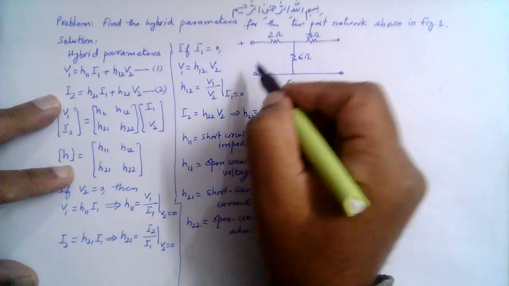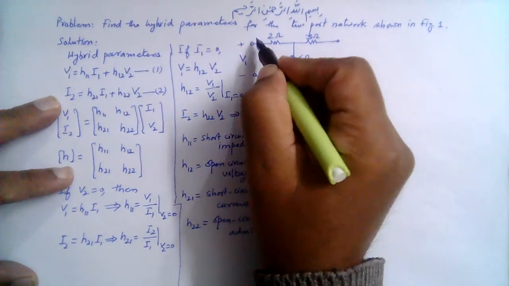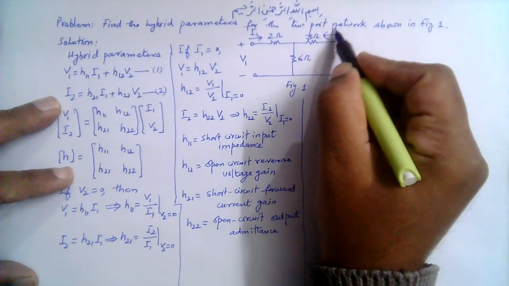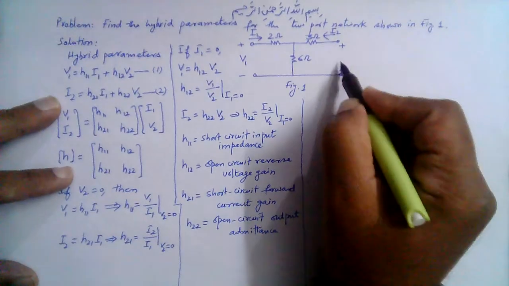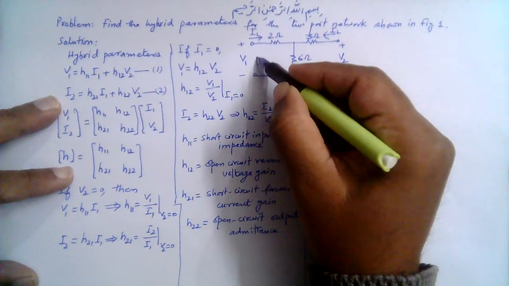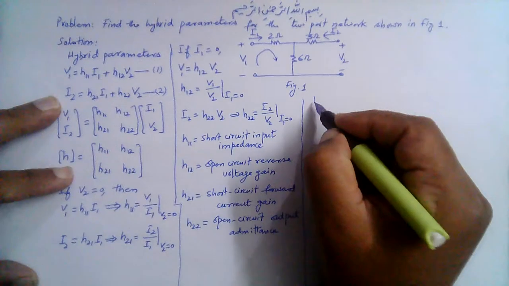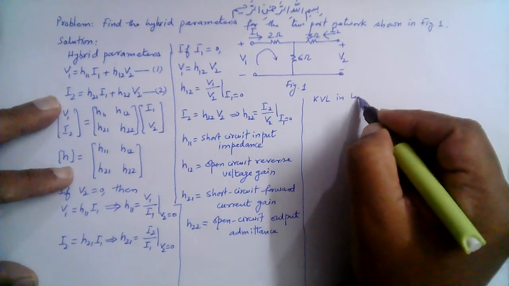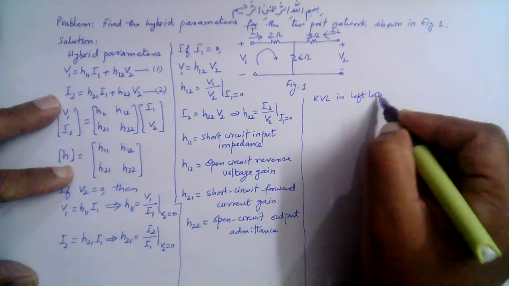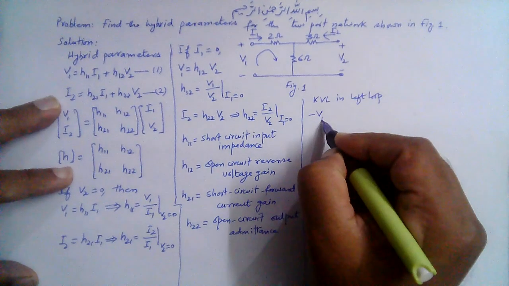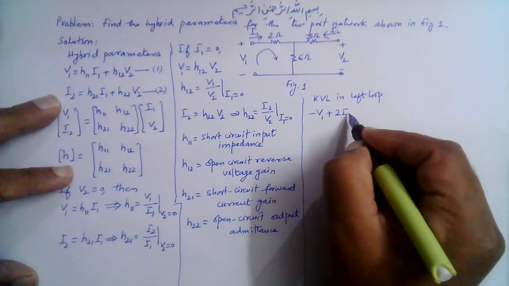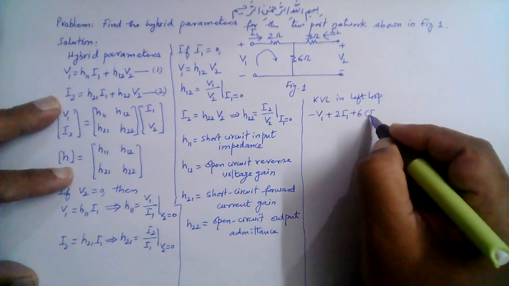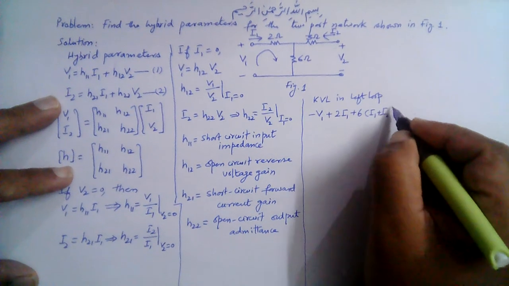So let me call this V1, and this is I1, and this is I2, and this is V2. So if I apply, for example, KVL in the left loop, this is minus V1 plus 2I1 plus 6(I1 plus I2) is equal to 0.